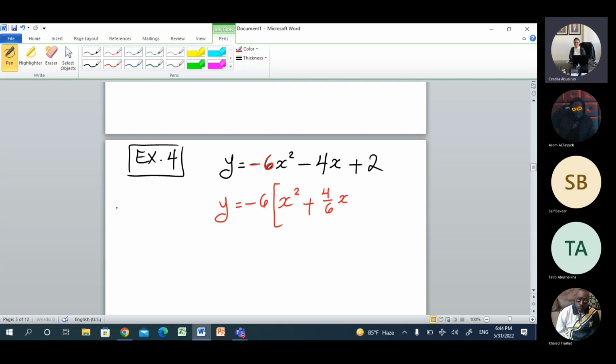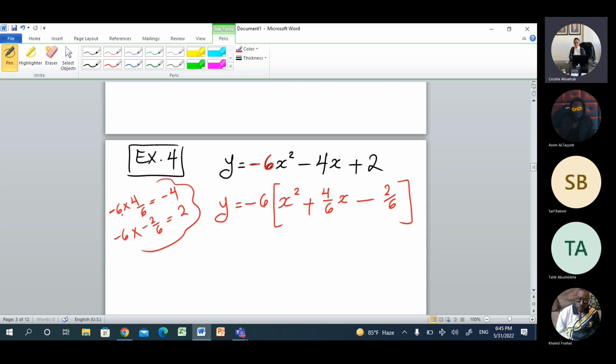Because if you say negative 6 times 4 over 6, considering the sign, the answer will be negative 4. So we will get the negative 4 back, right? Here it will be minus 2 over 6. Close the square bracket. Why? Because if you say minus 6 times negative 2 over 6, the answer will be 2.